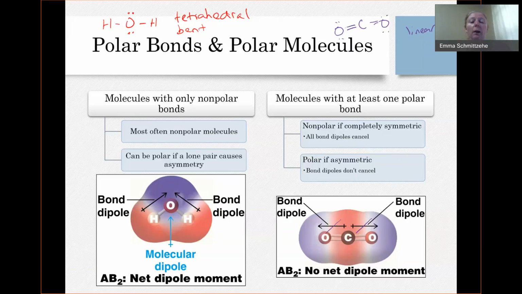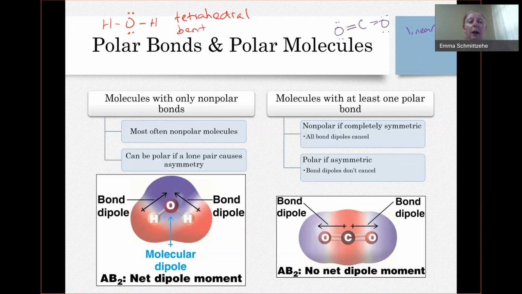So there's two examples there where you've got molecules that have polar bonds, but one of them overall is polar and the other one is not. So for figuring out whether or not something's polar, a big part of it is, do you know how to figure out the three-dimensional shape?